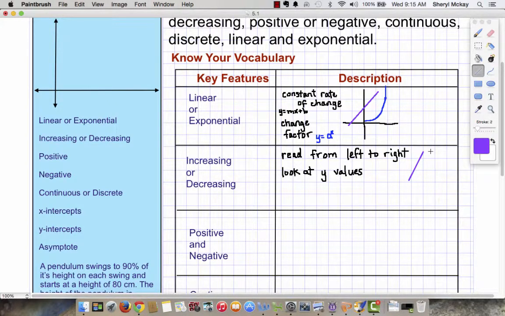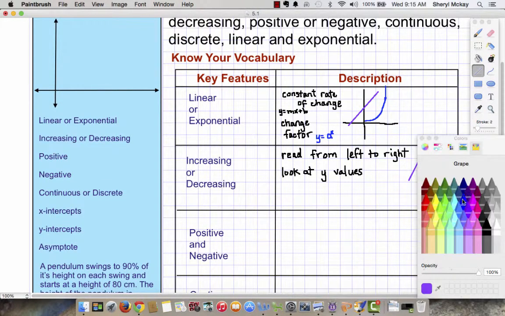Whereas a decreasing graph will look like this. From left to right, my y values are going down. They're decreasing. So you can also think of it as when you're looking at a line, you climb up a hill, you slide down a hill.